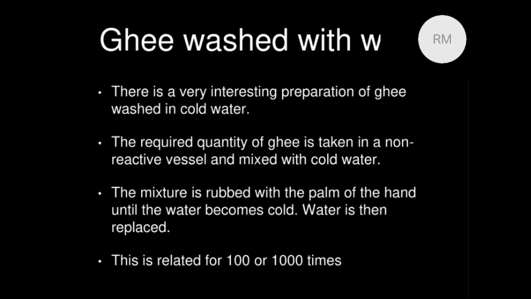Then you throw away that water and pour fresh water and again rub it with the palm of your hand, and then you throw away that water and again you pour water. This is repeated for 100 or 1,000 times. It's again a spelling mistake. It's not related.